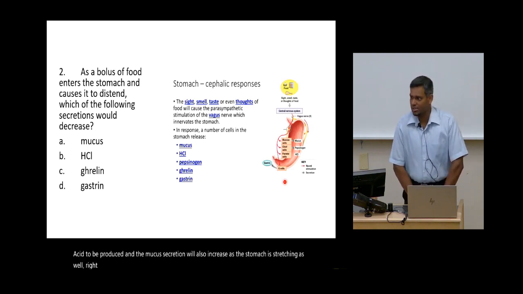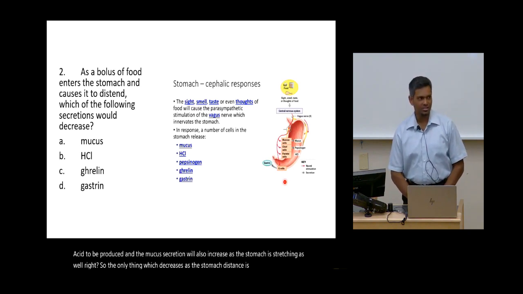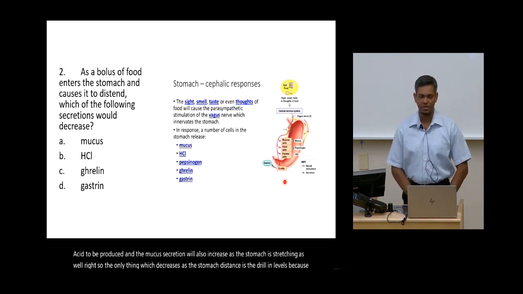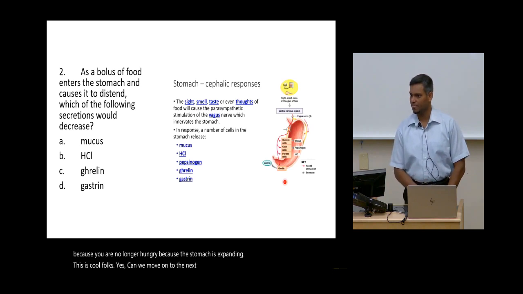So the only thing which decreases as the stomach distends is the ghrelin levels, because you're no longer hungry because the stomach is expanding. Is this clear, folks? Yes? Can we move on to the next one?